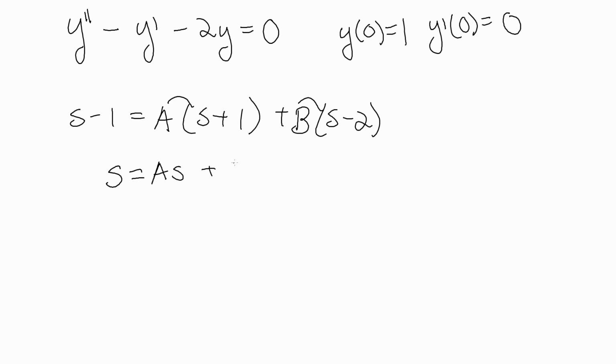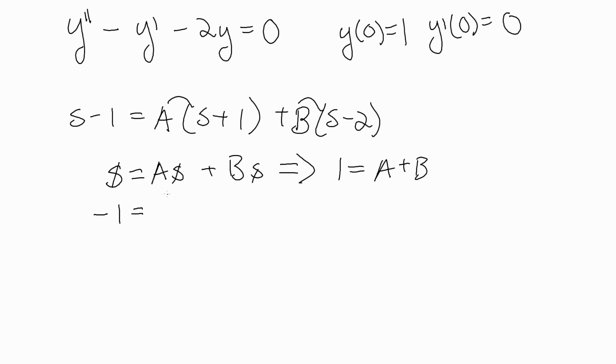So that's going to be as plus bs. Given that there's s's in every term, this can get factored out, and this becomes 1 equals a plus b. Now we have the second term, which is negative 1.